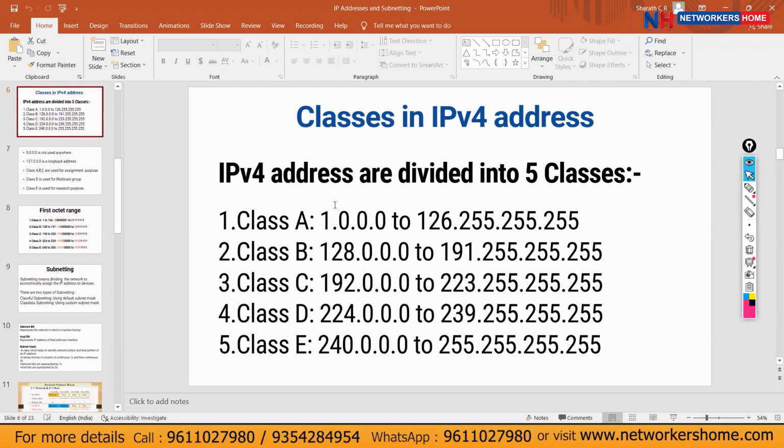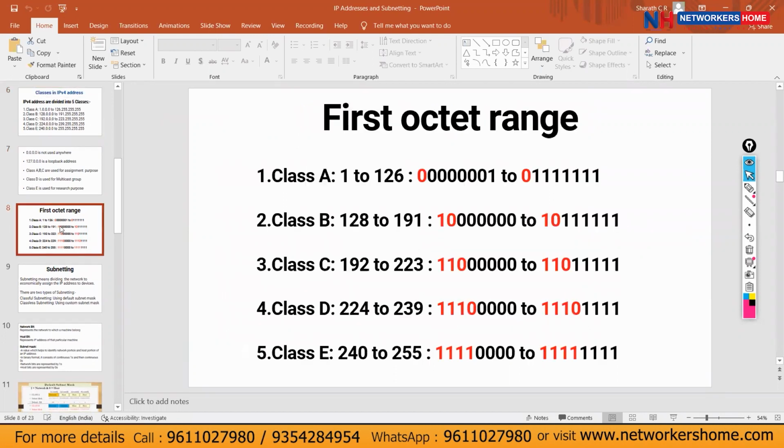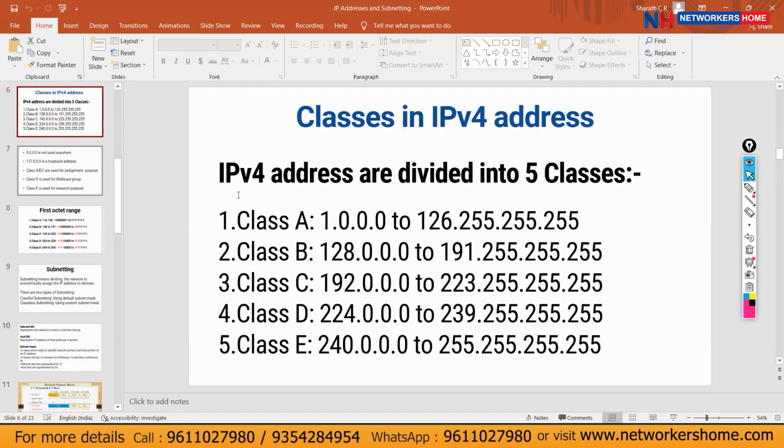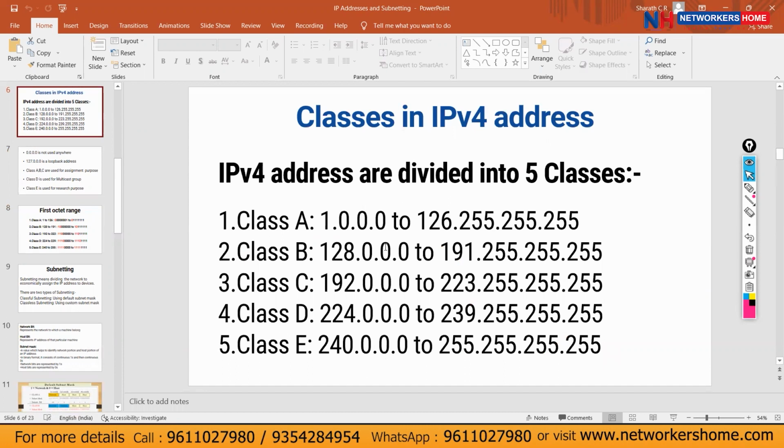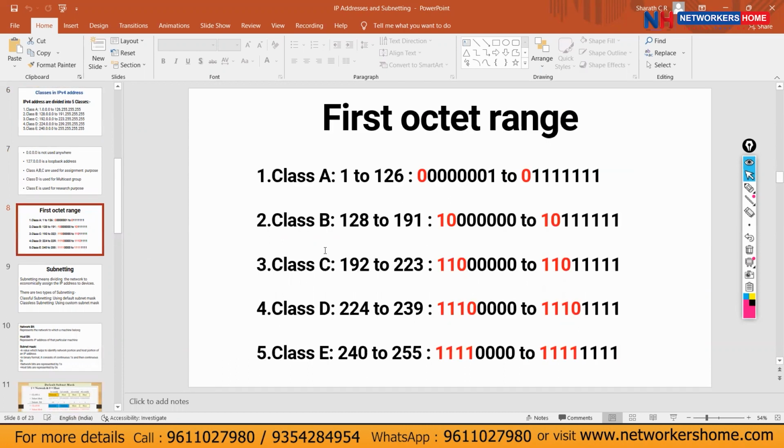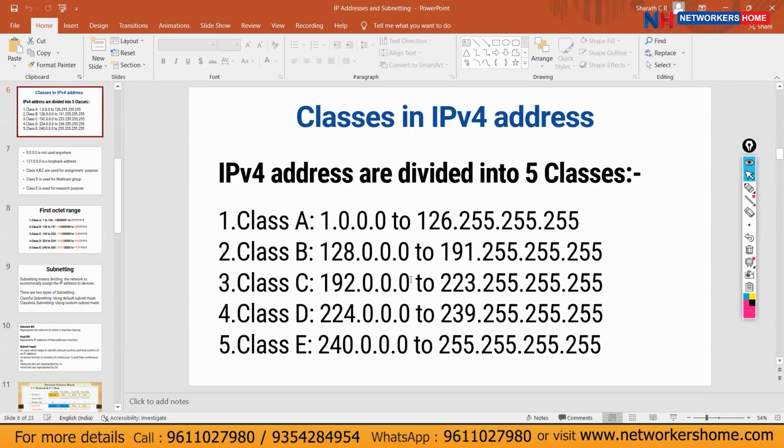If the first octet ranges from 1 to 126, then it is class A. If the first octet ranges from 128 to 191, class B. Now class C: if the first octet ranges from 192 to 223, then it is class C.